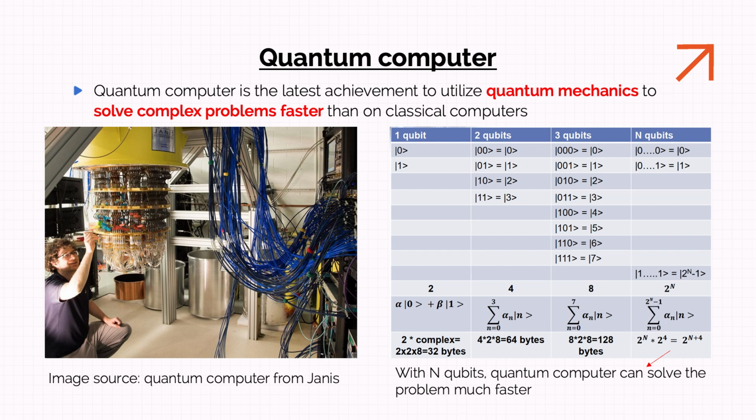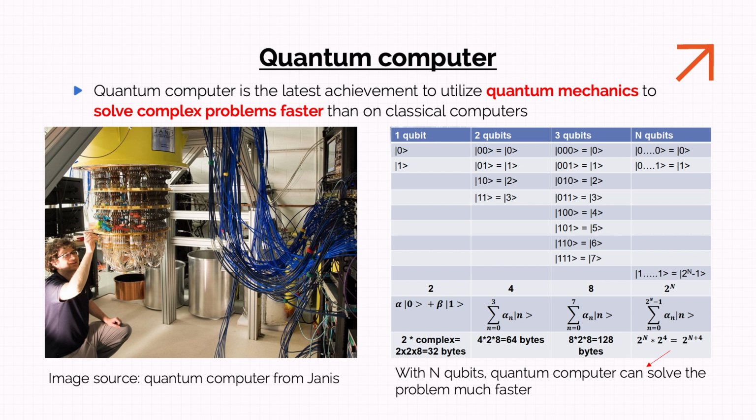With just one qubit, they can represent up to about 32 bytes in binary digits compared with a classical computer. If you increase to about 3 qubits, they can represent up to about 128 bytes on the right side. That means in a quantum computer, you just use 7,000 bits and it can equal a supercomputer in the classical way.